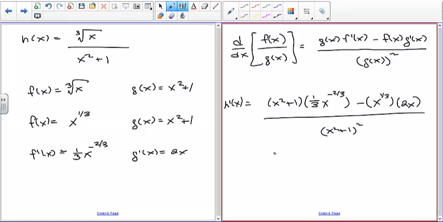Now you could actually make this a little bit simpler in the numerator. So you could factor out an x to the, let's see, what do we want to do? We could do x to the 1/3. Let's do that first. So you factored out x to the 1/3.